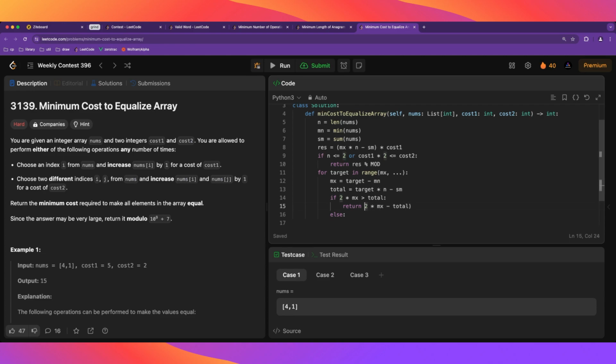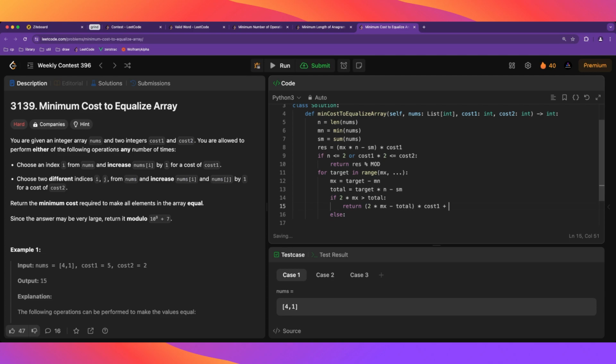We subtract the total because we're going to pair as many elements as we can to the maximum, right? But then we're going to have an excess because this one is too big. And so whatever the excess is, we're going to have to increment them with cost 1 operation.